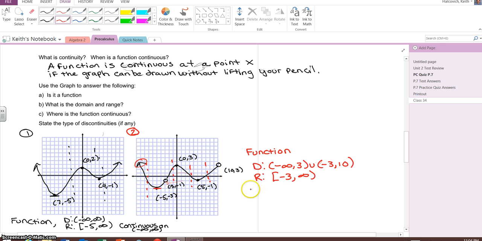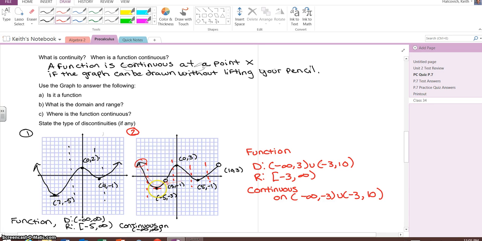It's continuous if you look from left to right until it gets to -3. And then from -3, it's continuous to 10. And that's where it stops. What type of discontinuity is it?